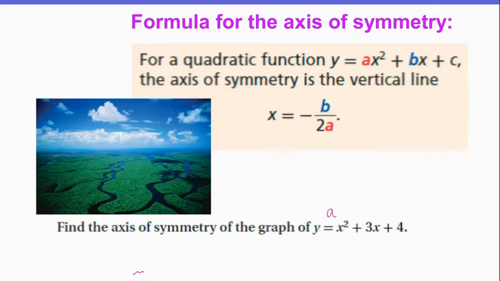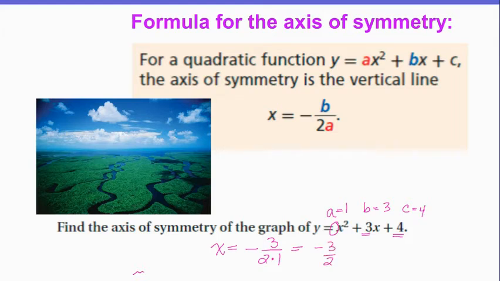So a is 1, b is 3, and c is 4. I got these numbers from here. When there's no number, that's a 1. So x equals negative, my b is 3, over 2, my a is 1.